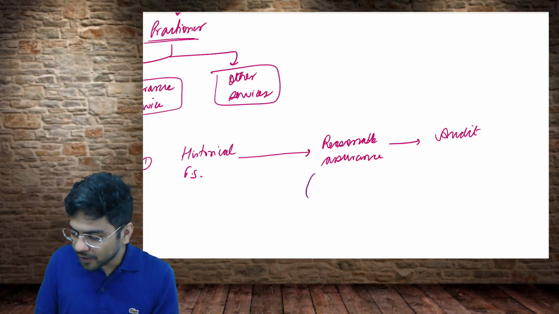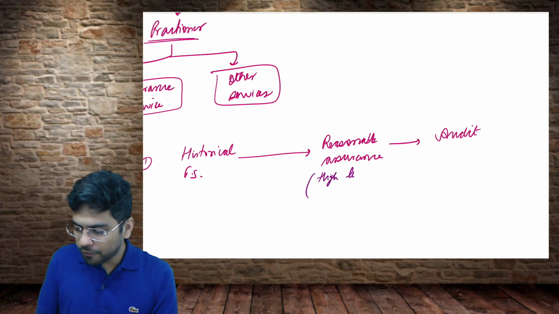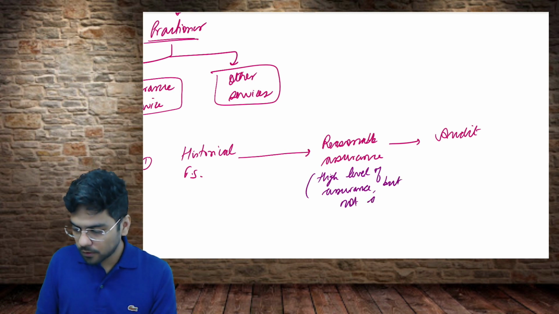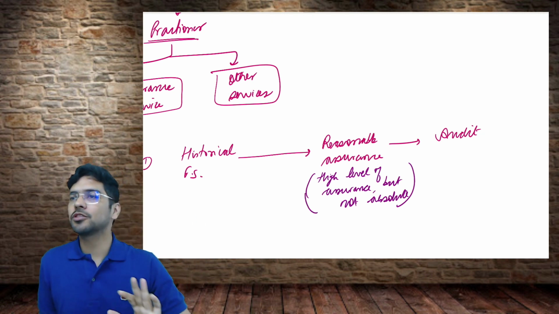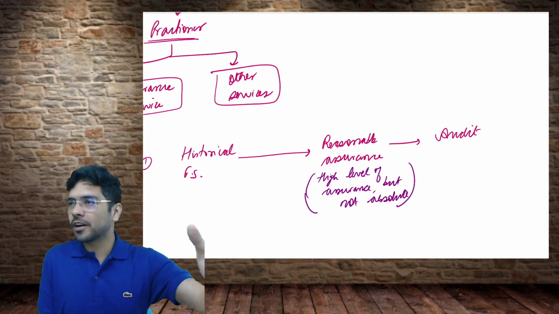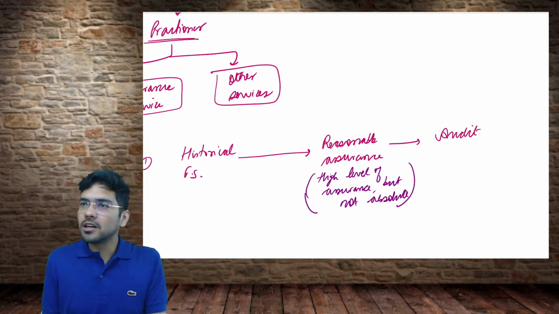Now please understand, what is reasonable assurance? Reasonable assurance means a high level of assurance, but not absolute. Because if I give an absolute assurance in audit, can we give 100% assurance? It would amount to giving a certificate, but I told you we will never give a certificate in case of audit.